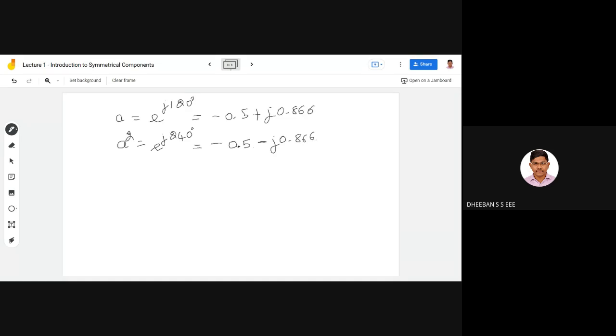Now coming to A cube, it becomes e power j360, and the value becomes 1.0 plus j0.0, that is, A cube will be equal to 1. These are all the shortcuts you have to know when handling the problem.